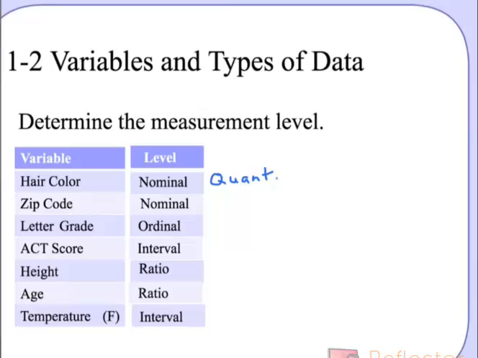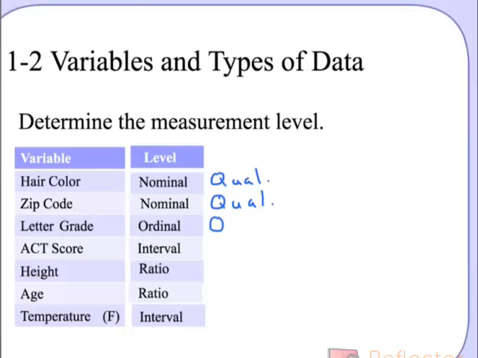Same thing with zip code. These are qualitative, and order does not matter.